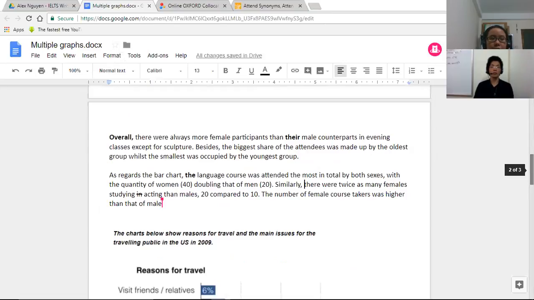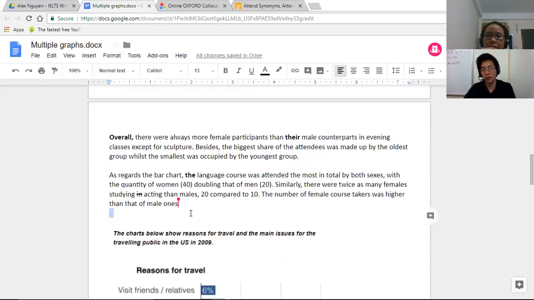For the next time you write, what if you encounter the same situation, right? Like you have to report a similar trend with the one before, but you have used the word similarly already.